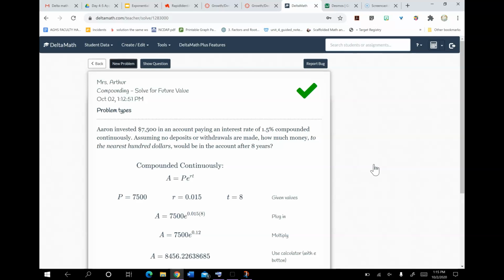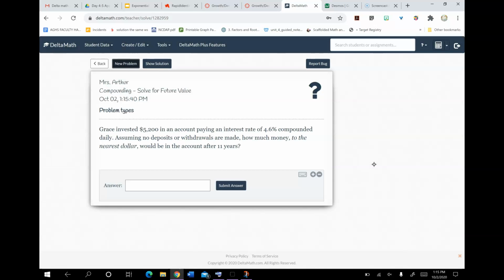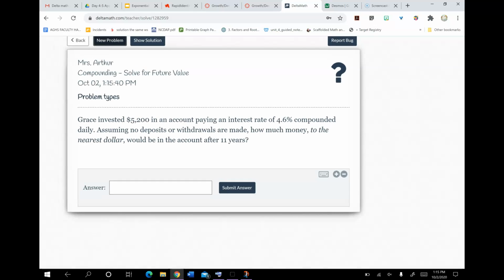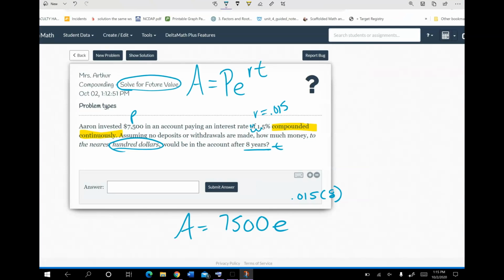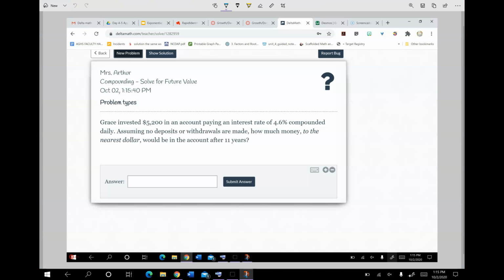All right, let's do another one. This one is a different one, so let's do it. This one says, Grace invested $5,200 in an account paying an interest rate of 4.6 compounded daily. When it says compounded daily, that picks your formula.